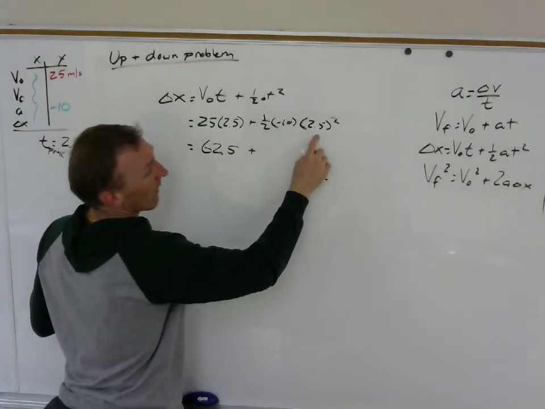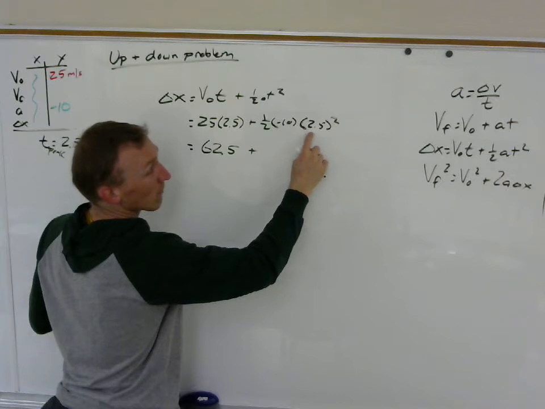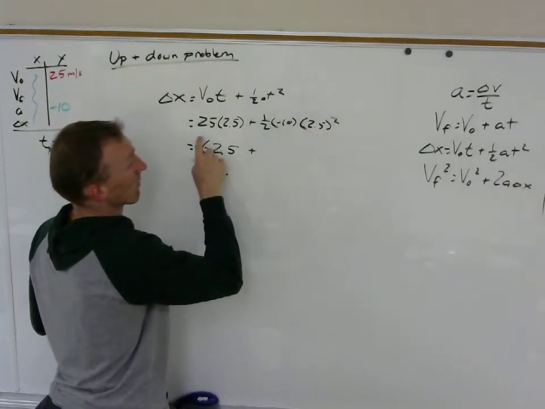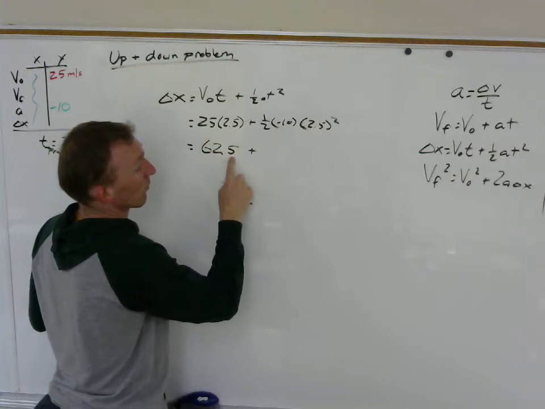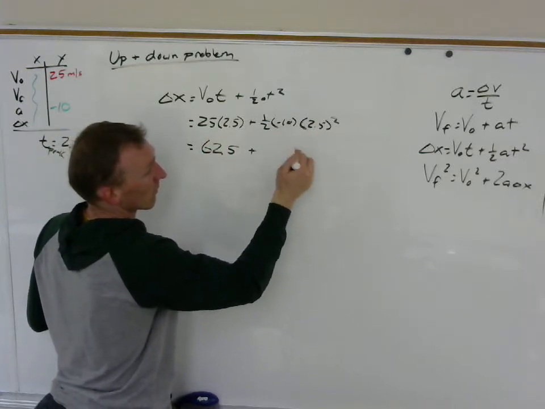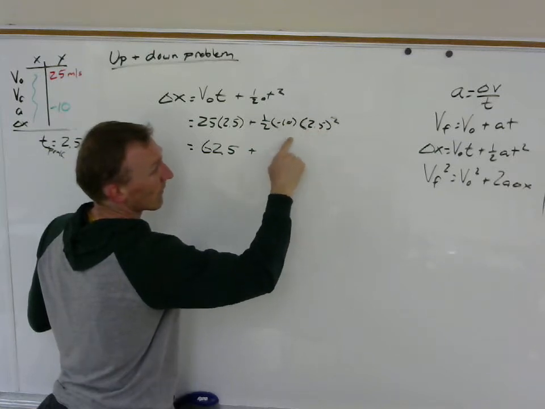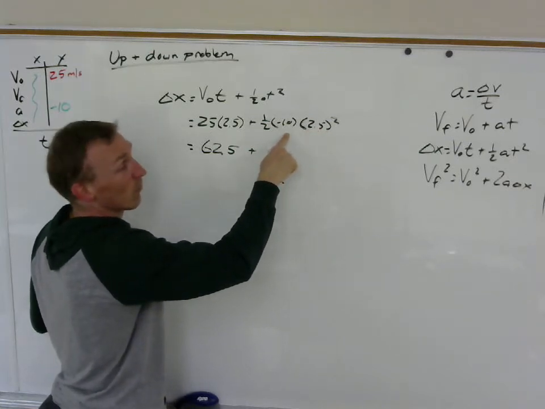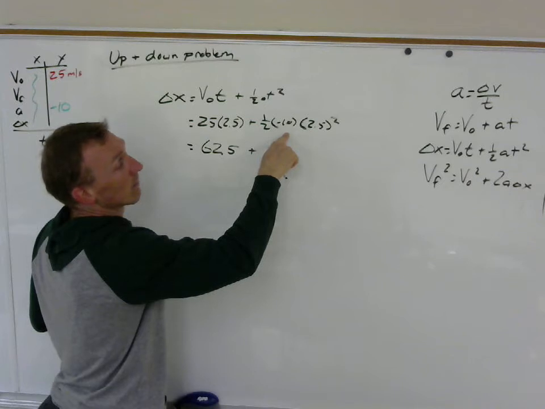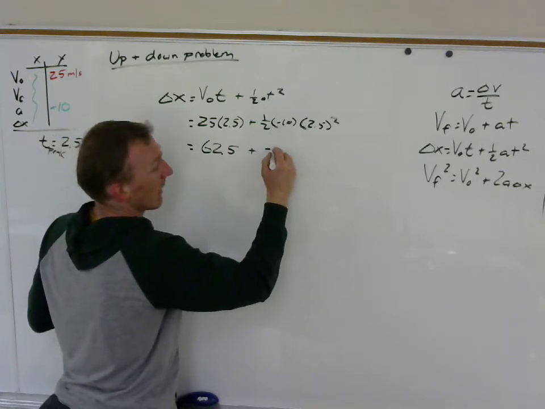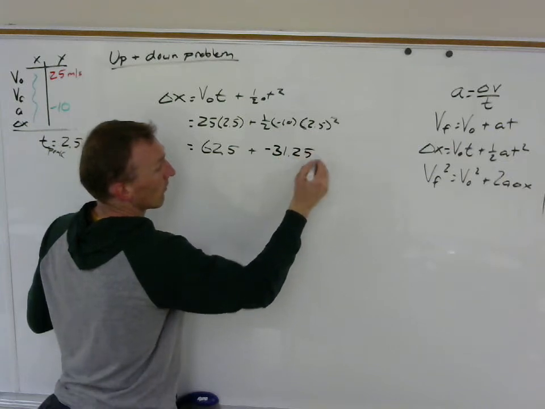All right, 2.5 squared will give me 6.25. Makes sense because 25 squared is 625. With the decimal place, it's going to move it 2 spaces. 6.25 times negative 10 gives me negative 62.5, and then half of that gives me negative 31.25.